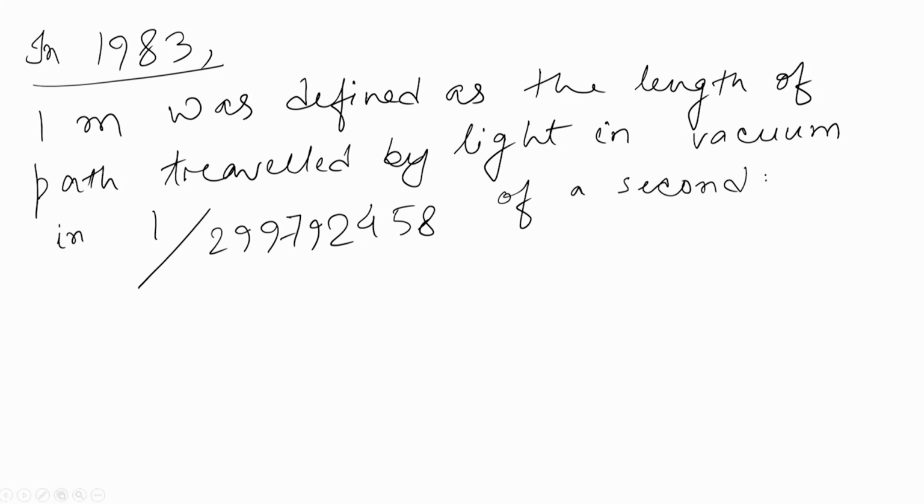So, this was the newest definition of 1 meter. The path travelled by light in vacuum in this fraction of time was defined as 1 meter. Now, these numbers are very random, but it is as it is. So, these are the reference standards.